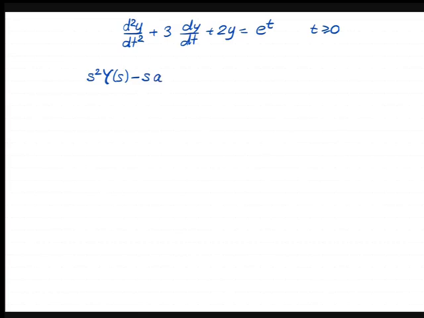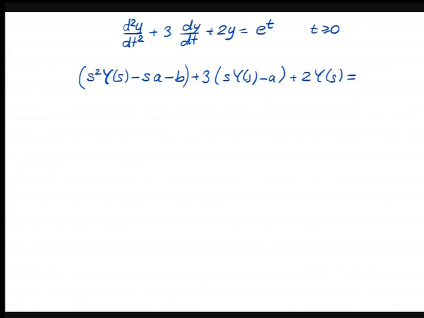And then minus the derivative at time 0, that's b, right? Is that correct? All right. Plus 3 times the transform of dy dt, and this is s Y of s, minus the initial condition of y itself, which is a, right? Plus 2 times Y of s.